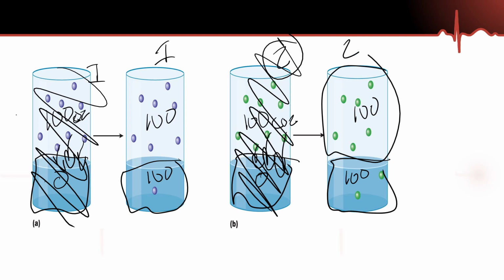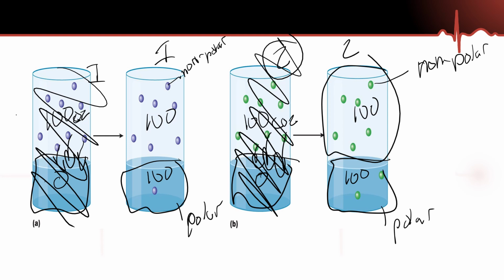Now they're both at equilibrium. And in both cases, it kind of looks like the exact same thing happened. In both cases, you have oxygen, which is nonpolar, and you have carbon dioxide, which is nonpolar. And then in both cases, you have water, which is polar. So in both of these cases, the gas, be it oxygen or carbon dioxide, doesn't exist with the water very well because the gases are nonpolar and the water is polar.